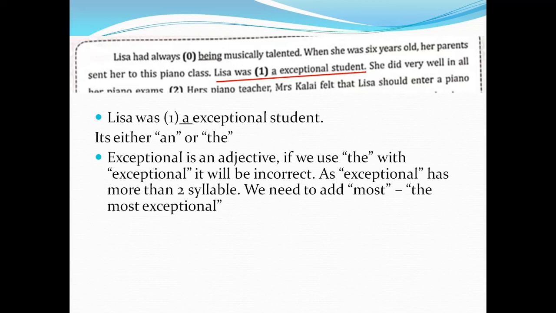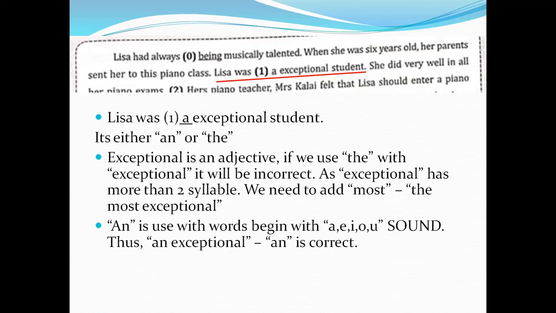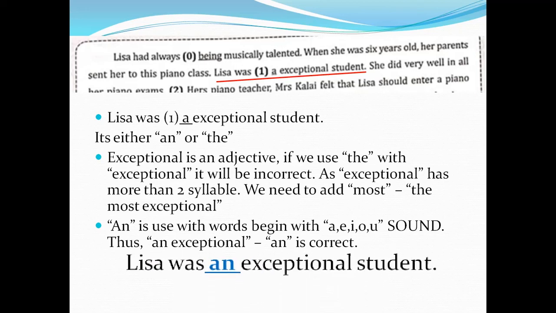So here the is incorrect. Next, an is used with words that begin with a, e, i, o, u sounds. Thus, an exceptional. An is the correct answer. Lisa was an exceptional student.